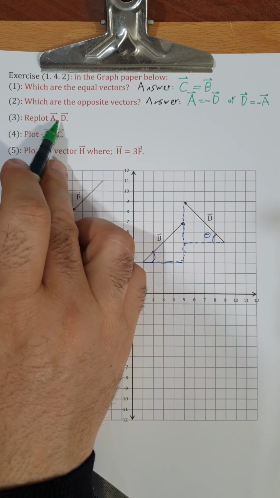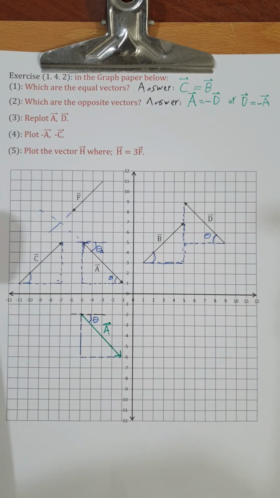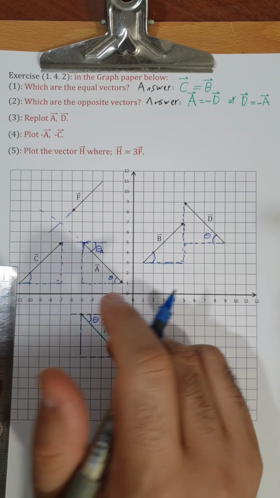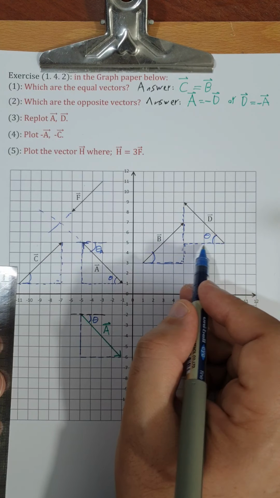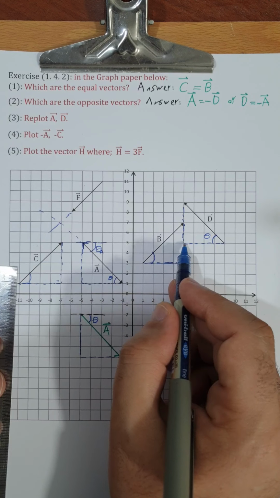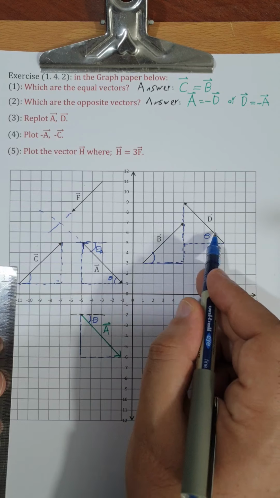Okay, D. To replot D, we need to write a vector. Look at D. D has 4 units on X and 4 units on Y, but it is in the northwest direction.